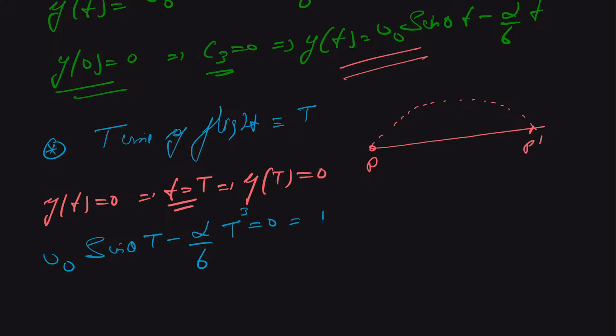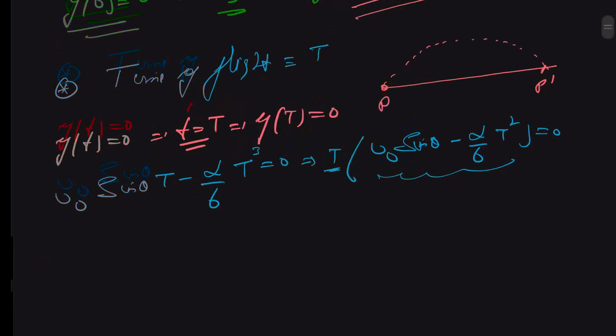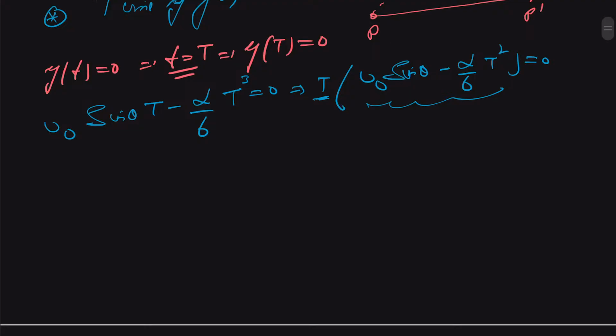So we get T times v naught sine theta minus alpha by 6 T square is equal to 0. So obviously this T cannot be equal to 0, so the second factor will be equal to 0. Therefore, v naught sine of theta minus alpha by 6 T square is equal to 0.